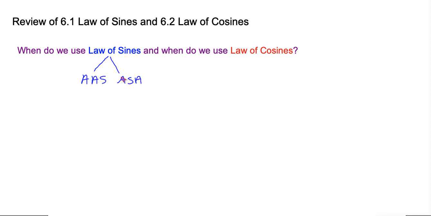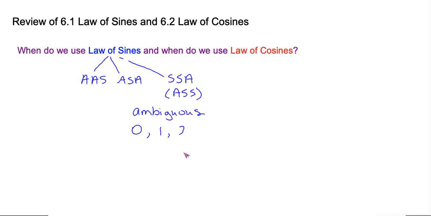It also applies in the ambiguous case, the dreaded side-side-angle, because we know that sometimes we write that as angle-side-side. But the law of sines will apply, and it is called the ambiguous case. Let's see if I can spell that. Ambiguous. Gosh, I hope that's right. It's the ambiguous case because it could have no solutions, it could have one solution, or it could have two solutions.